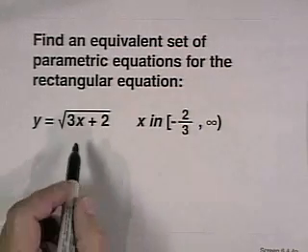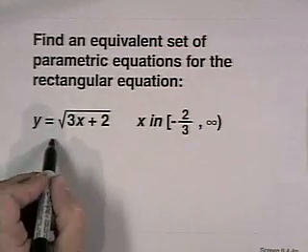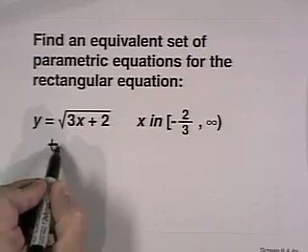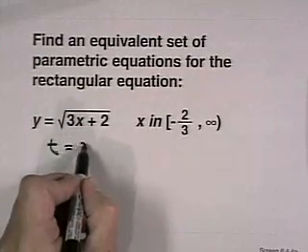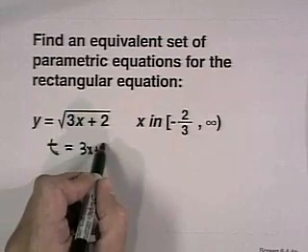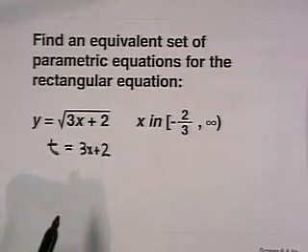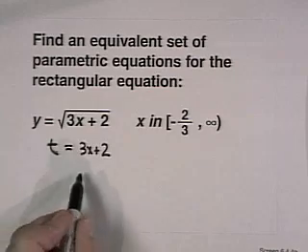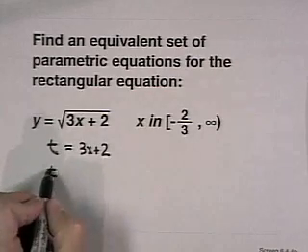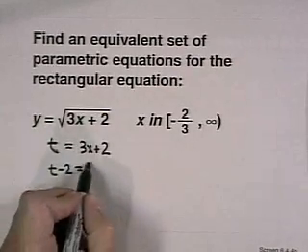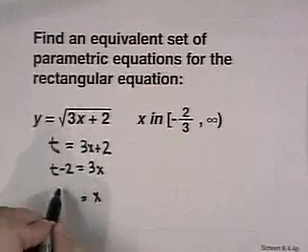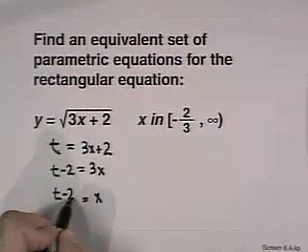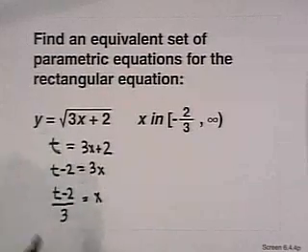Let's see now. One thing we could do is say, let t be the radicand, that value underneath the radical, 3x plus 2. Solving that for x, we'd get t minus 2 equals 3x, and x equals (t minus 2) over 3.